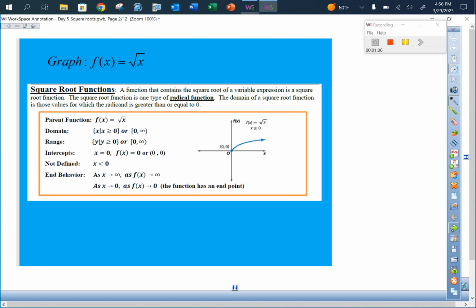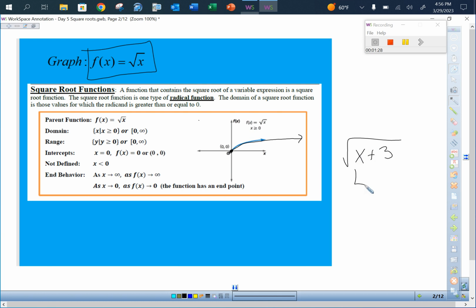The graph of a square root function. The main graph, which is just the square root of x, looks like this. It starts at 0, 0, and it just looks like this. Now we're going to move that graph around. If you see a number under the radical, that means it's going to move it left 3.